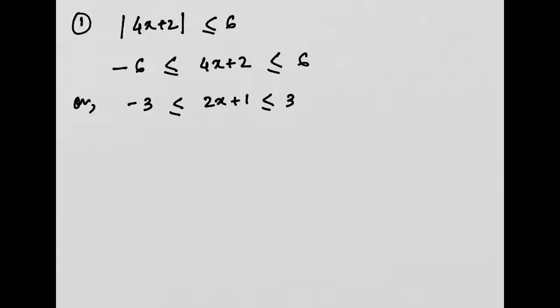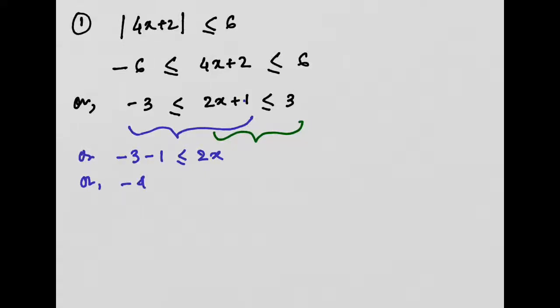First solve this inequality, then simultaneously take these inequalities to solve. Okay, I am making 2 colors. Here I have minus 3, taking it over here, minus 1 less than or equal to 2x, or minus 4 divided by 2 less than or equal to x. Again cancelling out, I get minus 2 less than or equal to x.